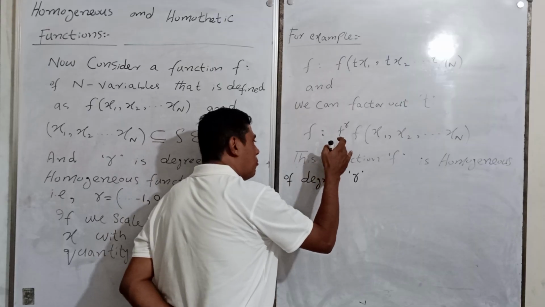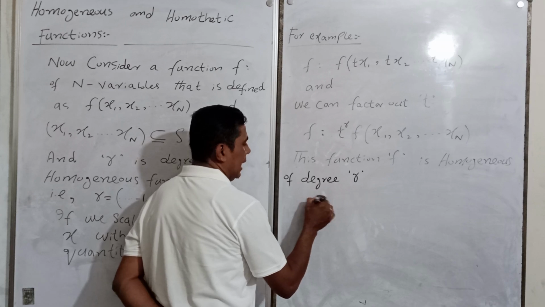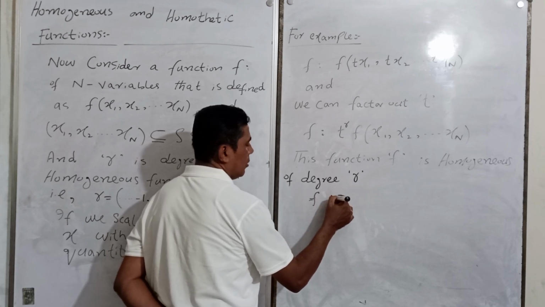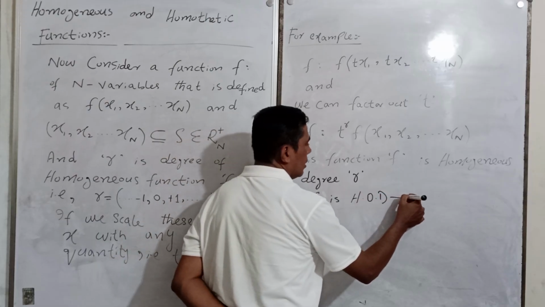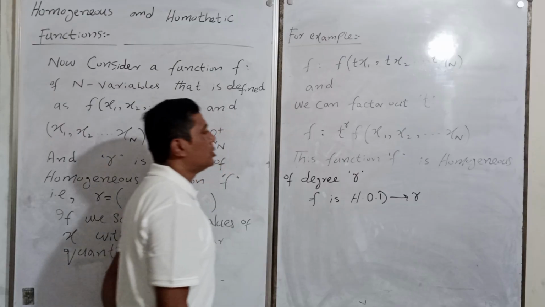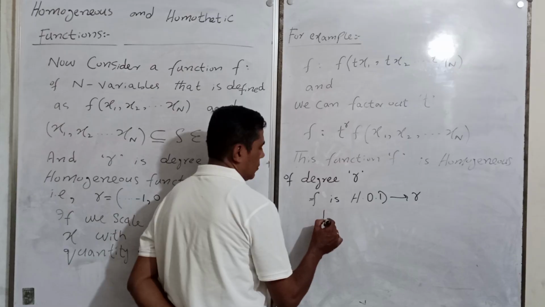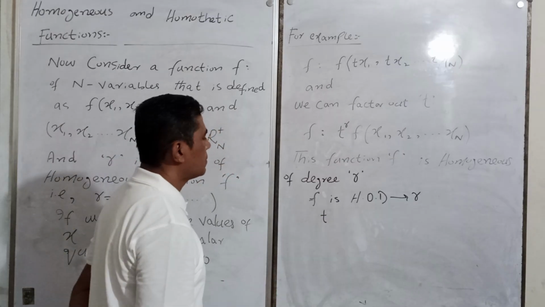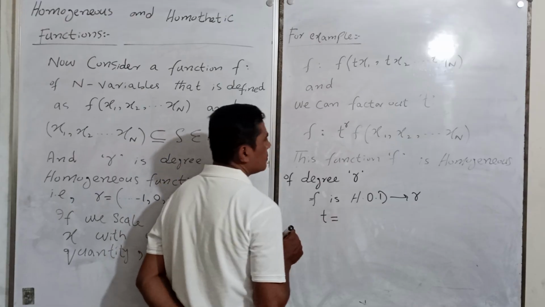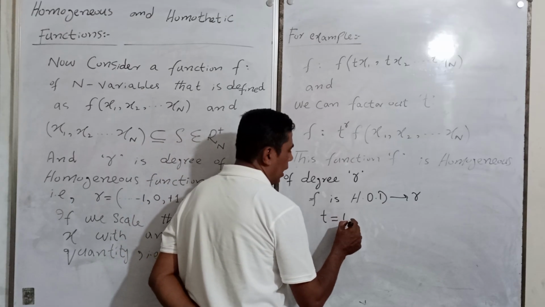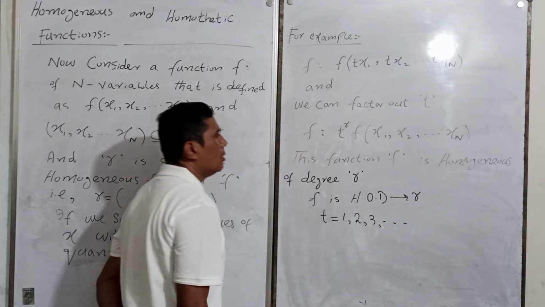And if we can factor out t, we can write that f is HOD r, homogeneous of degree r, and the value of t may be 1, 2, 3, and so on.